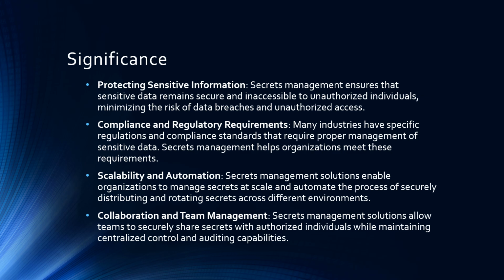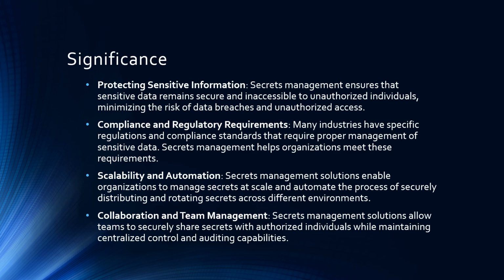Finally, collaboration and team management aspects are often overlooked but vitally important. In a typical organization, different teams need different levels of access to secrets. Developers might need access to development environment credentials, while operations teams need production access.